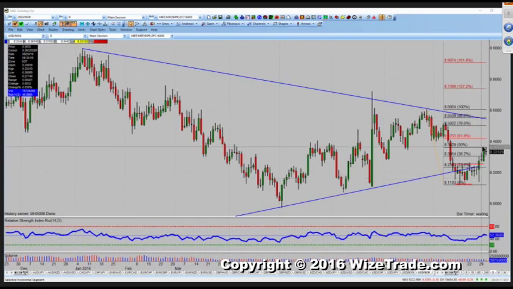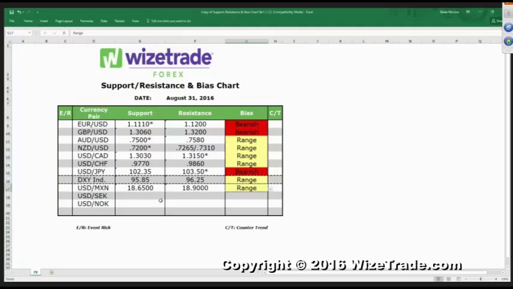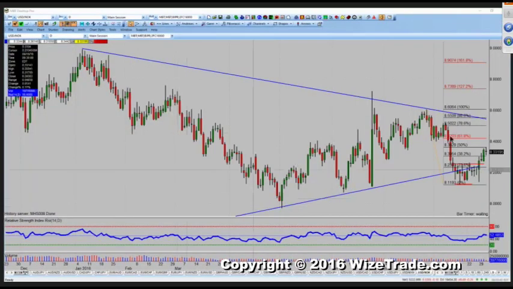That's holding right now. That is 836. We break above that, that's a 50% retracement, and then we're heading to 84 cents probably.